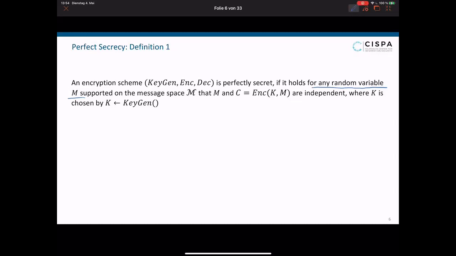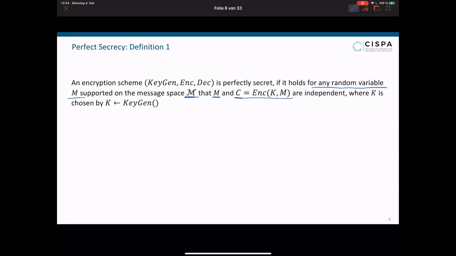So for any random variable supported on the message space M, given that this random variable M and another random variable C, which is the corresponding distribution of ciphertexts, are independent, where K is chosen by the key generation algorithm.